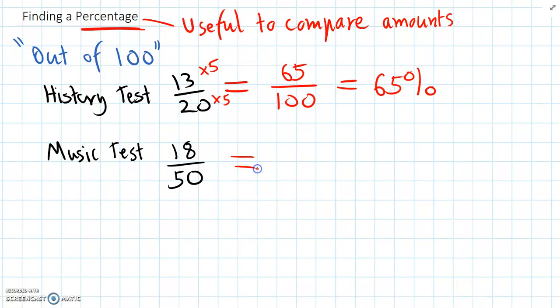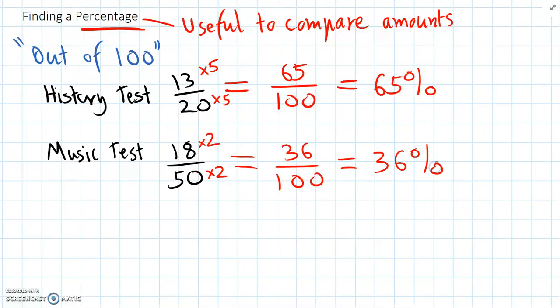For music, that's out of 50 marks. So to make 50 an equivalent fraction out of 100, we're going to need to multiply by 2, and we need to multiply the numerator by 2 as always. 2 18s are 36. 36 out of 100 is 36%.